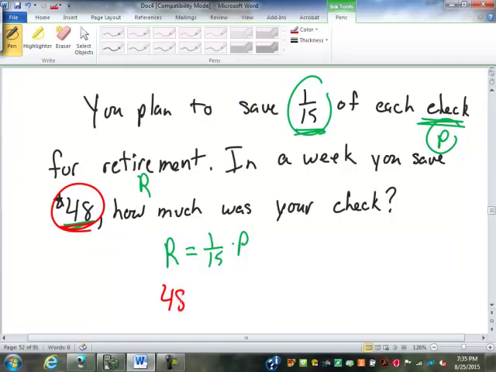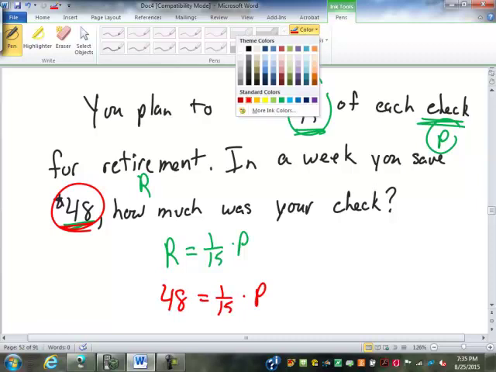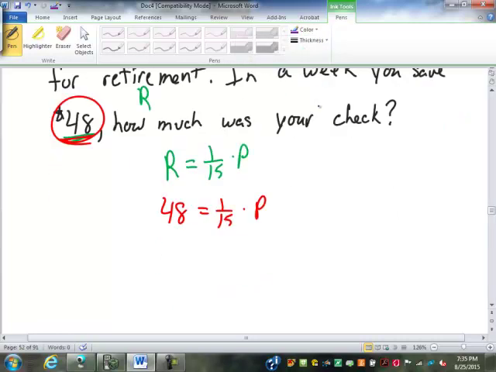That's going to go in for R. To solve this now, it is P times 1/15. So I'm going to divide by 1/15 or multiply by 15, however you want to look at it. And get that my pay had to be $720. Does that come out right?